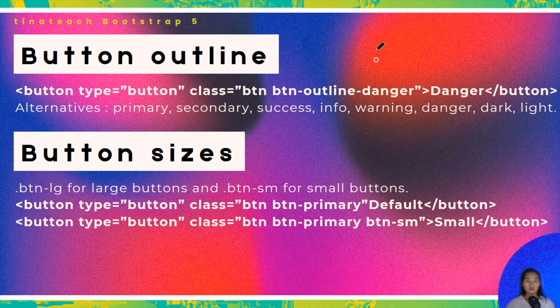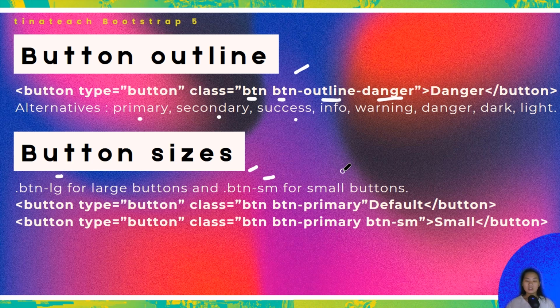Let's move on to the button outline. This is strictly aesthetic, and you can use the same logic that you had with primary, secondary, success, and whatnot. You move on with btn-outline and danger. Very simple, very straightforward. Next up, button sizes, we have LG for large and SM for small.